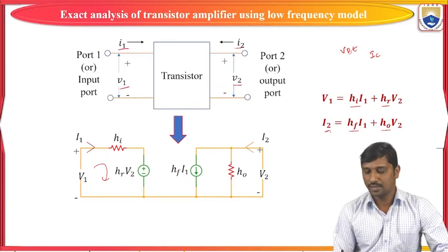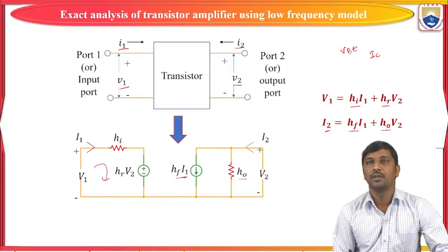Similarly, I2 is equal to HF times I1 plus HO times V2. Now we are going to analyze, by using this small signal model, how this transistor acts as an amplifier and which parameters are affected in this case.